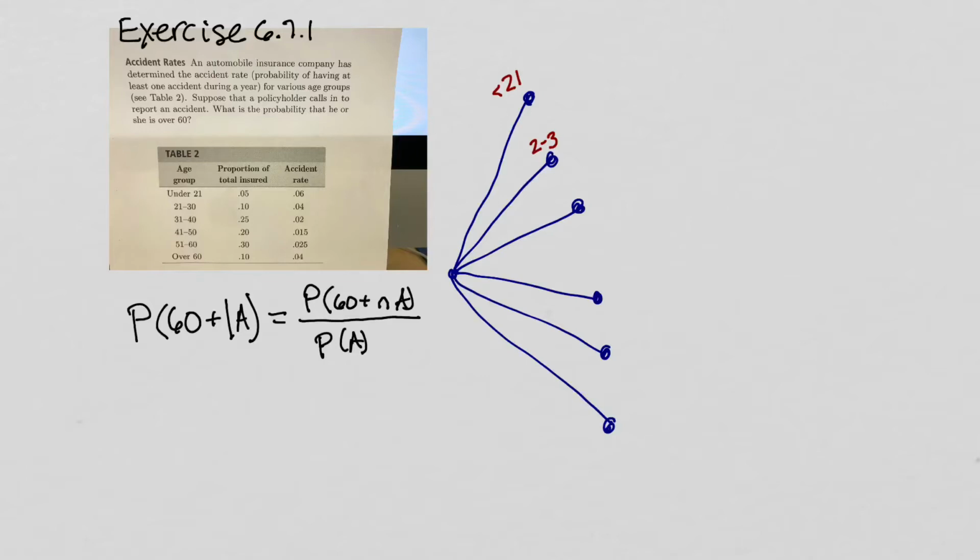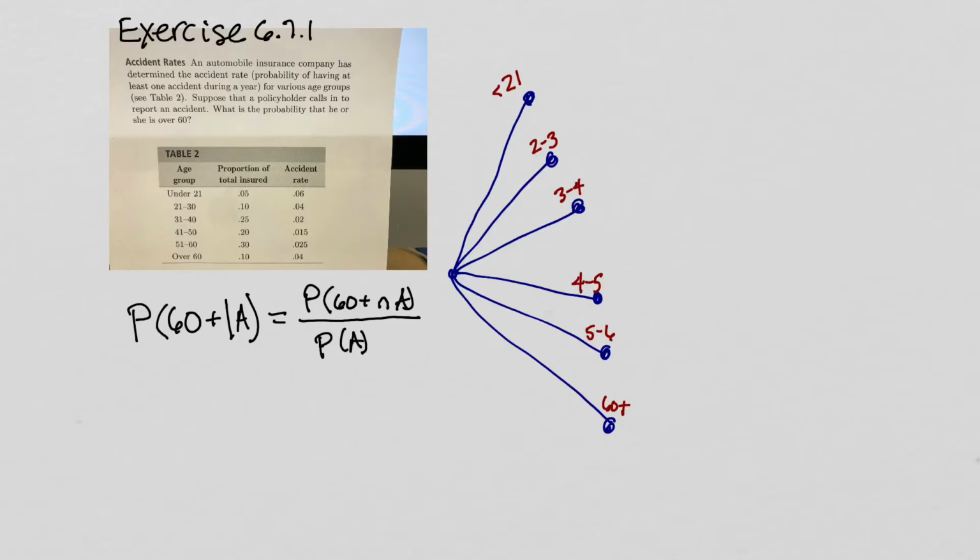And why don't we write it like this, just 31 to 40, just to remind us what it is. This branch right here goes this area here, 41 to 50. So let's write 41 to 50, and then 51 to 60, and then 60 plus.